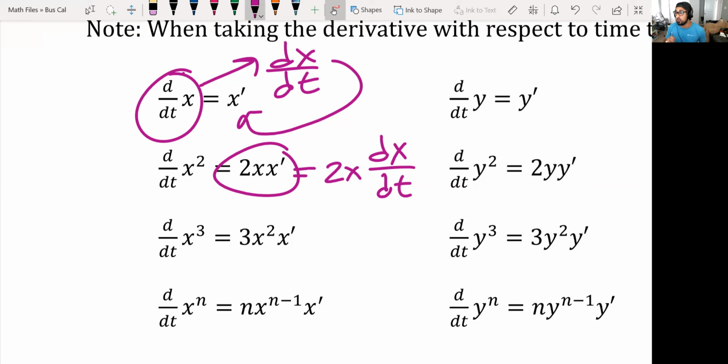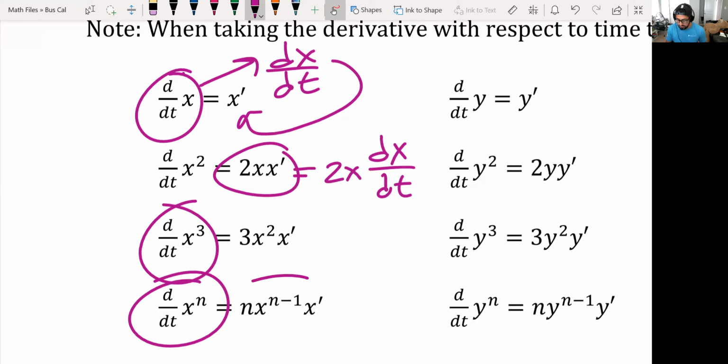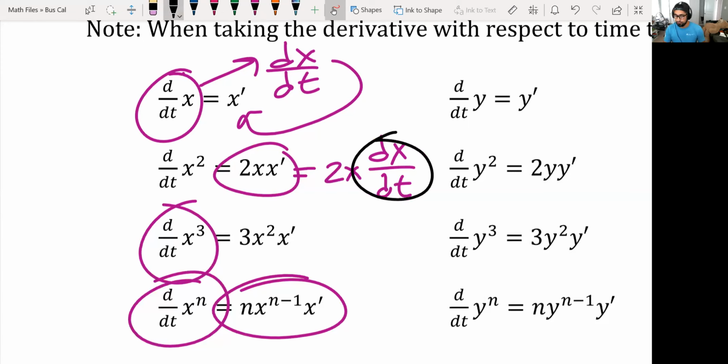The implicit derivative of x is x prime, the implicit derivative of x squared is 2x x prime, the implicit derivative of x cubed is 3x squared x prime, and the implicit derivative of x to any power n is n times x to the n minus 1 times x prime. So just in case you see this notation, and you will see it, it likes to keep it as dx over dt.